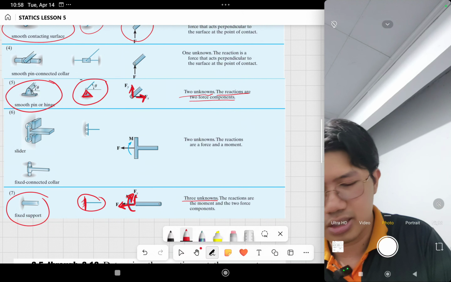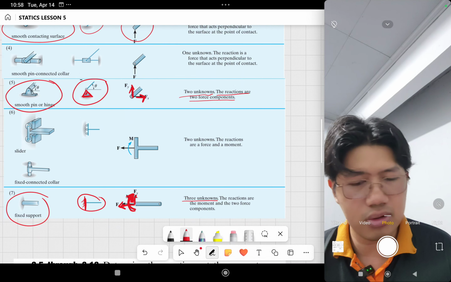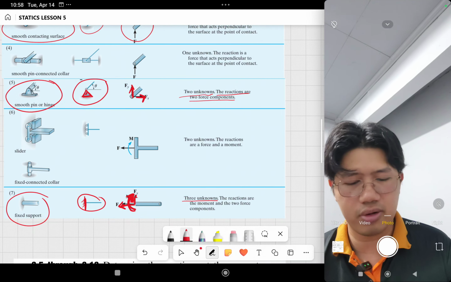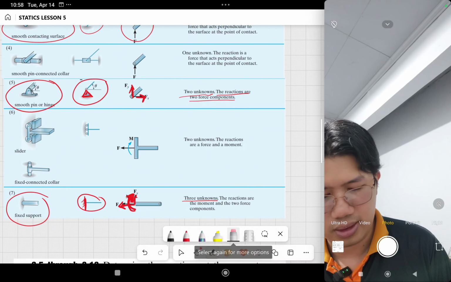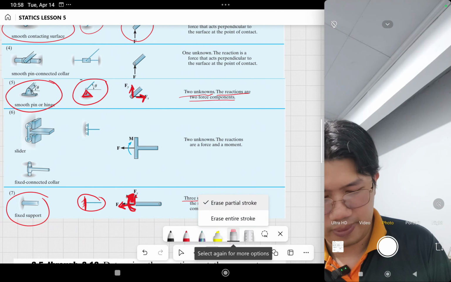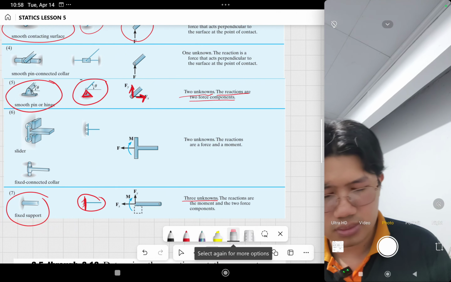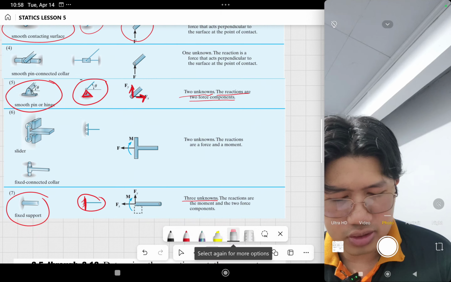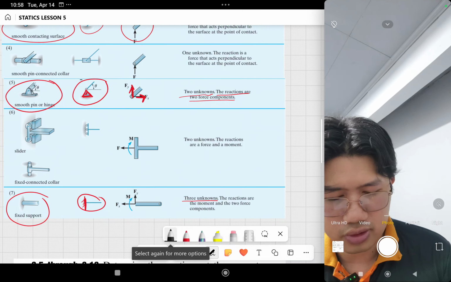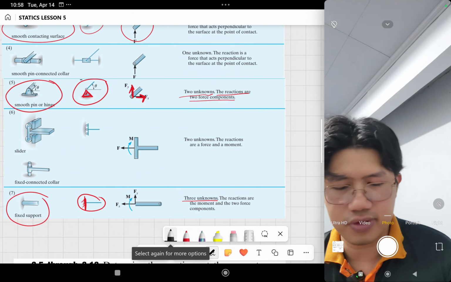Okay, so it is represented by a clockwise or a counterclockwise arrow, yung moment. Okay. So, the reactions are the moment and two force components, sabi dito sa definition.